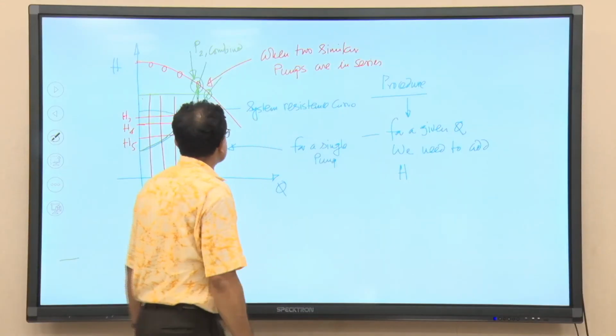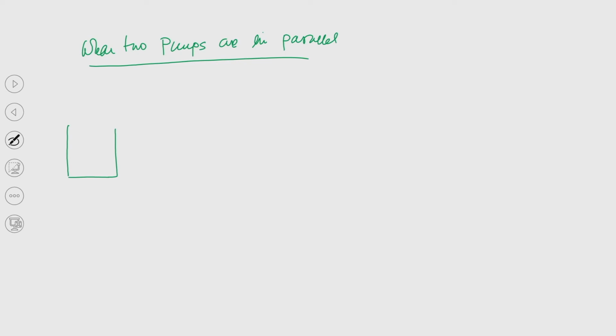Now, if we go to discuss when two pumps are connected in parallel. So, the idea is, as I told you, again I am telling, the objective is to get more Q against the same head, right.